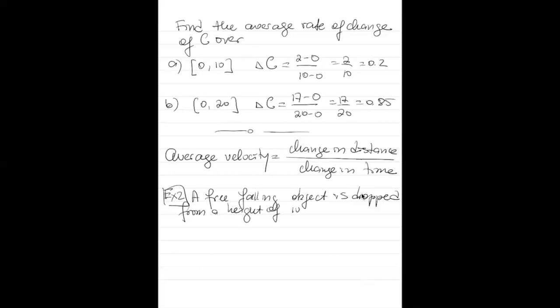The height S, in feet, is a function of t, given by this equation: S of t equals negative 16 t squared plus 100. If we ignore air resistance, this is the equation that describes the height of the falling object.